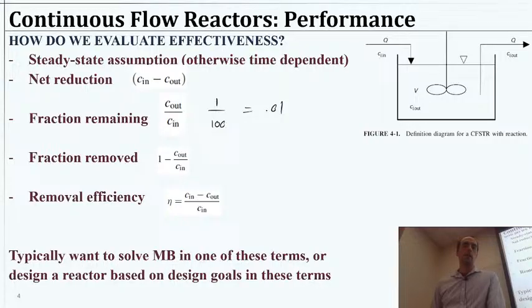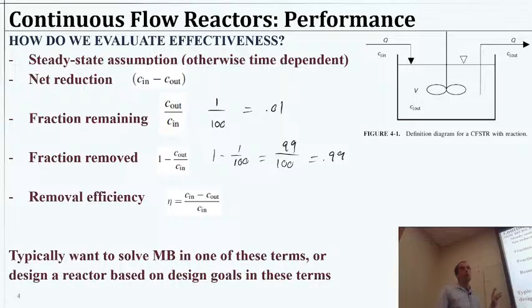That would be only 1% is remaining. We could look at that then as the fraction removed, so 1 minus that. 1 minus 1 over 100 would give us 99 over 100, or 0.99, obviously. So 99% removed.